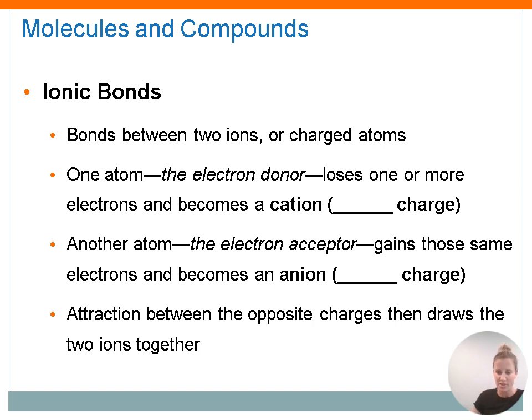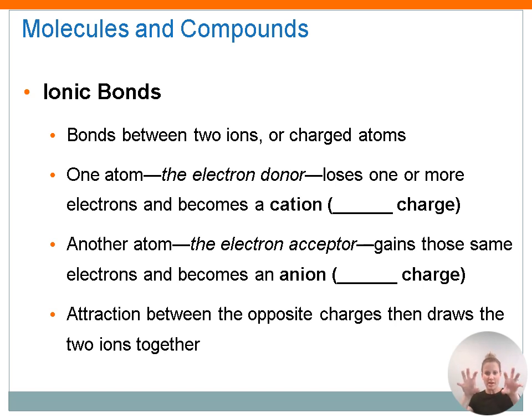Just like we saw with the lithium, it gave away an electron and became a cation. Cations have a positive charge. The other atom is the electron acceptor. He gains those electrons and becomes an anion. An anion is an atom that has a negative charge.